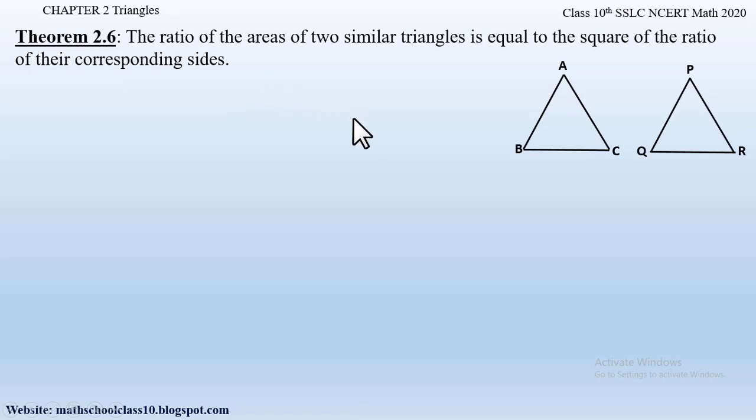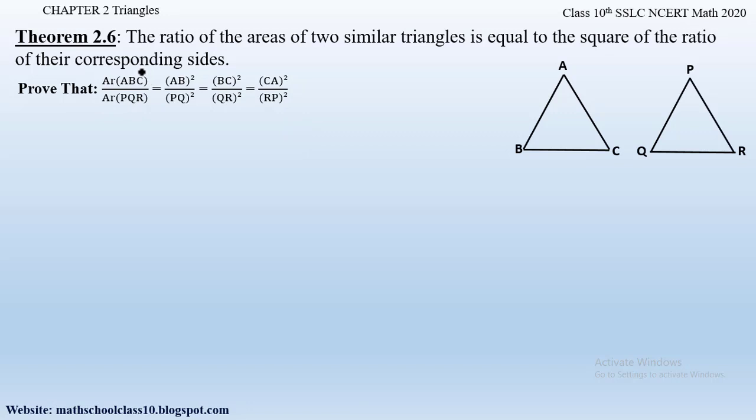So that is what we have to prove: area of ABC by area of PQR will be equal to AB square by PQ square, and that will be equal to BC square by QR square, and similarly CA square by PR square. So this is our theorem and this is what we have to prove.